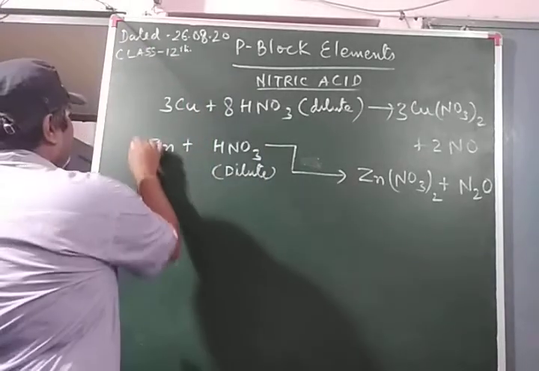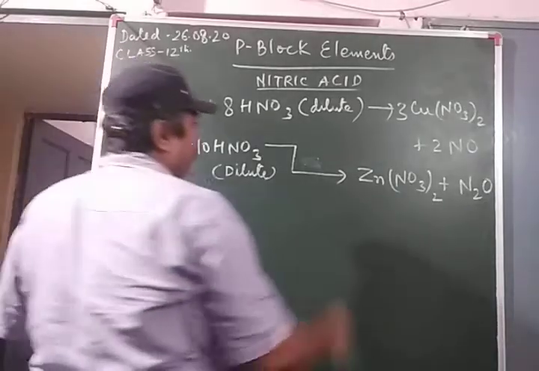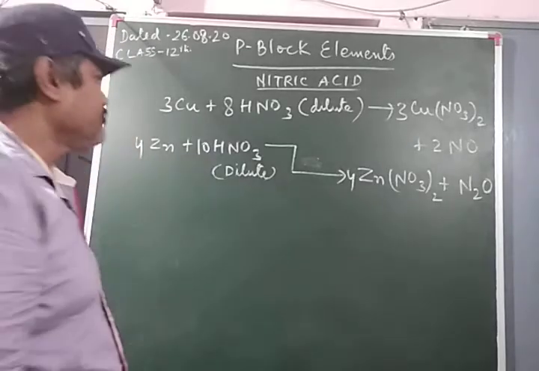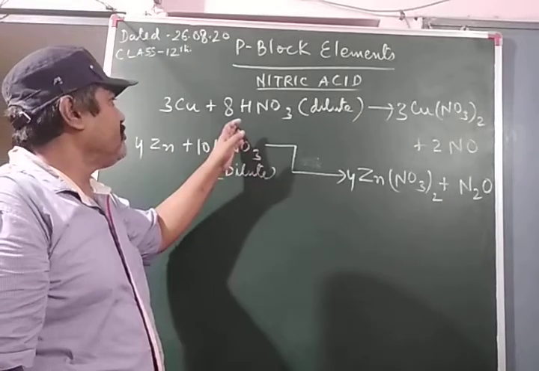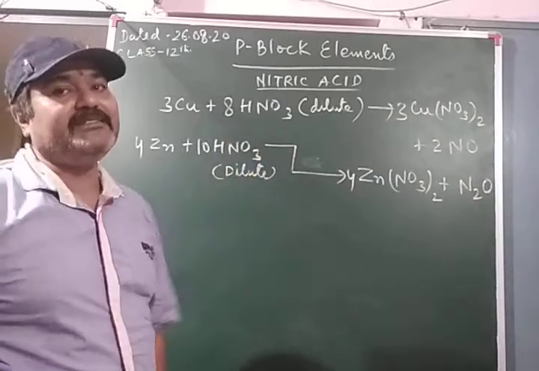On balancing it, 4Zn plus 10HNO3 gives 4Zn(NO3)2 plus N2O plus 5H2O. So in this way, cold and dilute HNO3 reacts with copper and zinc.